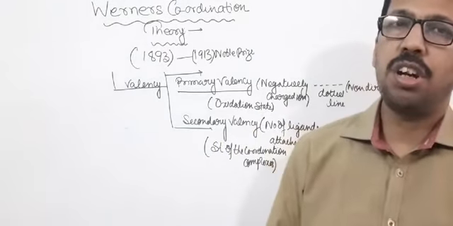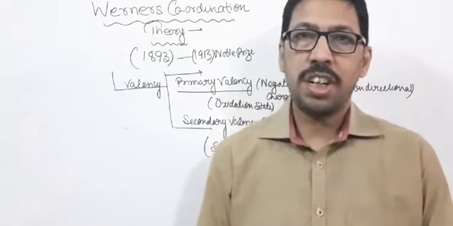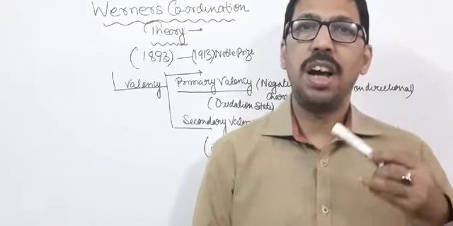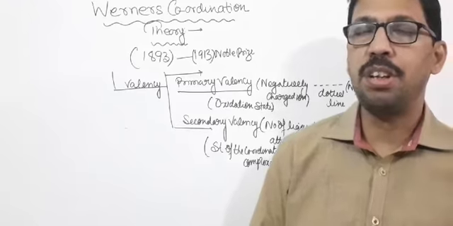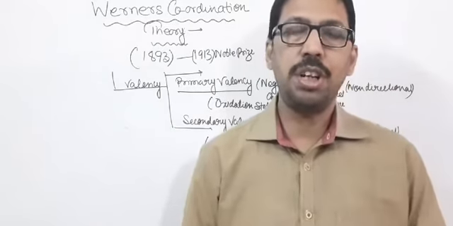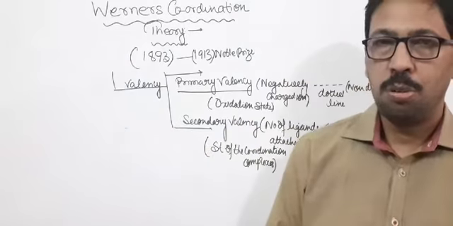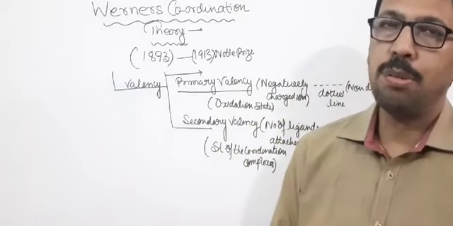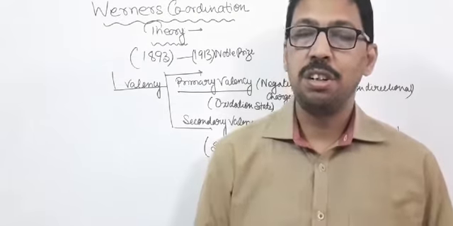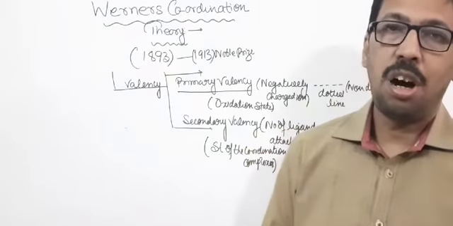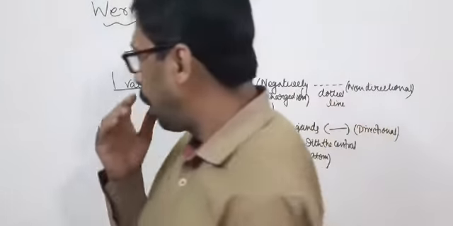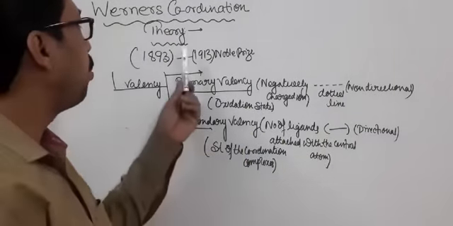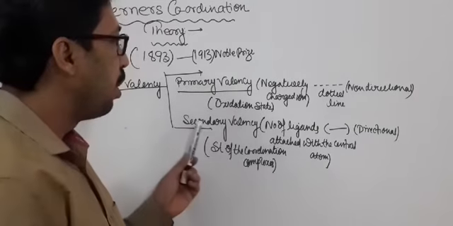The negatively charged ions which satisfy secondary valency are always kept inside the coordination sphere, and those which do not satisfy the secondary valency must be written outside of the coordination sphere, which means secondary valency is always kept inside the coordination sphere and the ion satisfying only primary valency is always written outside of the coordination sphere. So we have discussed some very vital points of Werner's coordination theory in short form.